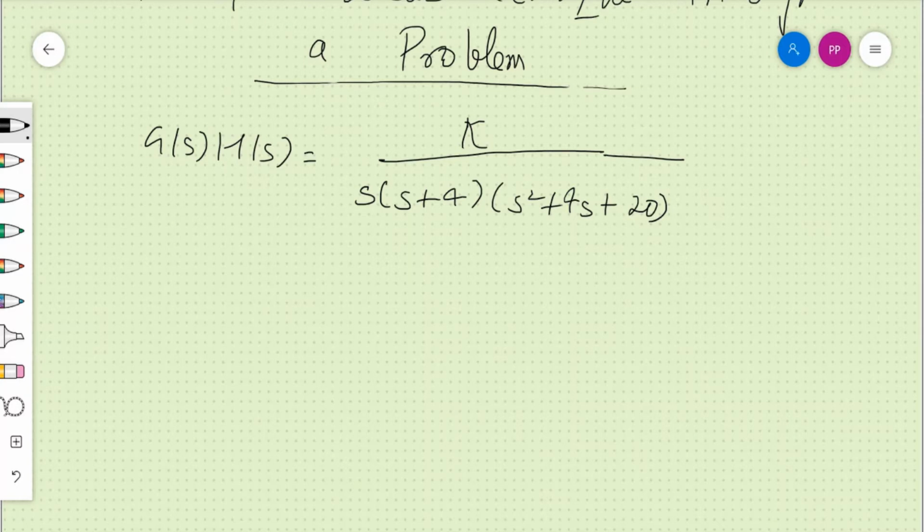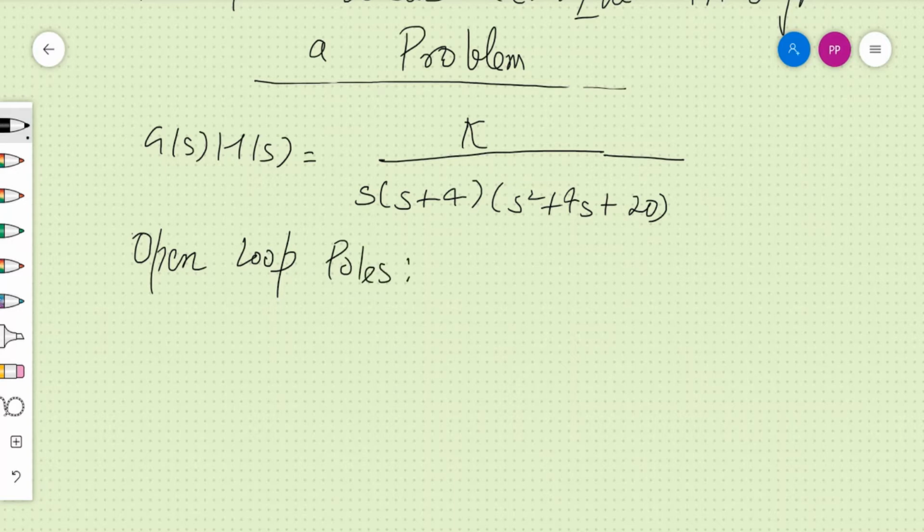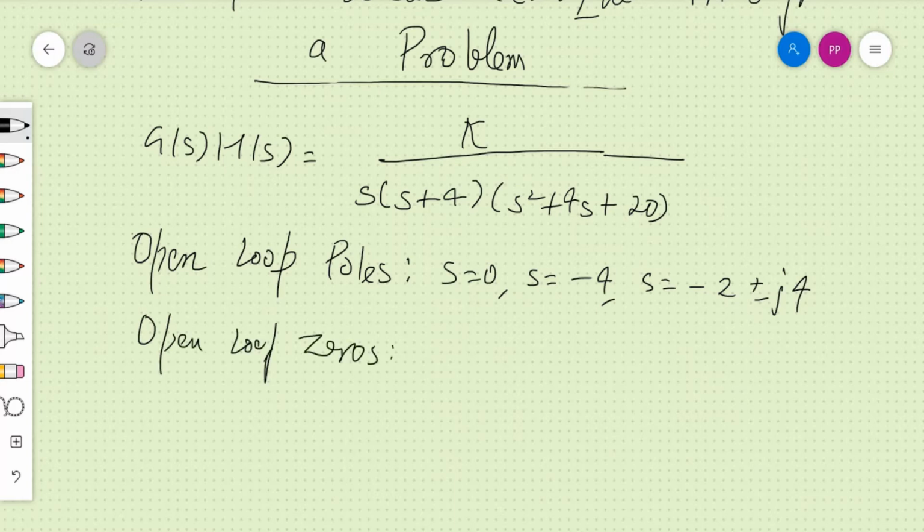So open loop poles should be s equal to 0, the first one; the second one is equal to -4; and for the third one, if we find the factors and solve for s, we will get s equal to -2 plus minus j4. And open loop zeros are basically none, so there are no zeros.